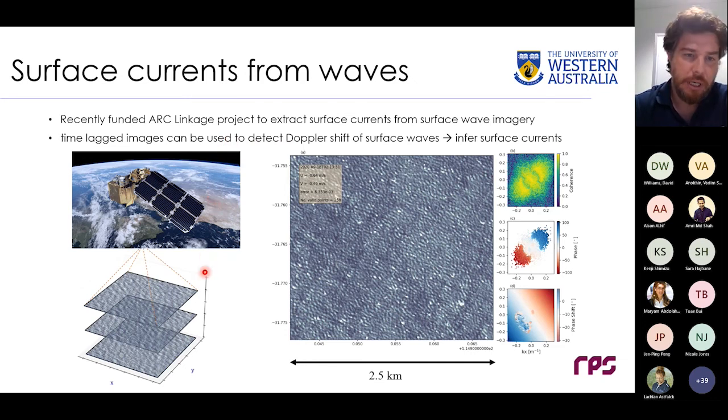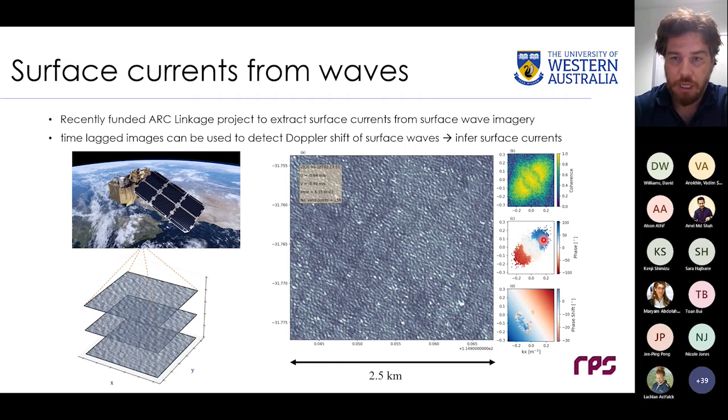And so the basic principle here is if you have a time-lagged sequence of the ocean surface with high enough resolution, so this is a 2.5 kilometre box here, and if you have time lags of a second or two between these images, you can do a Fourier transform on this signal to get the surface waves, and then you can look for the phase shift in these surface waves.